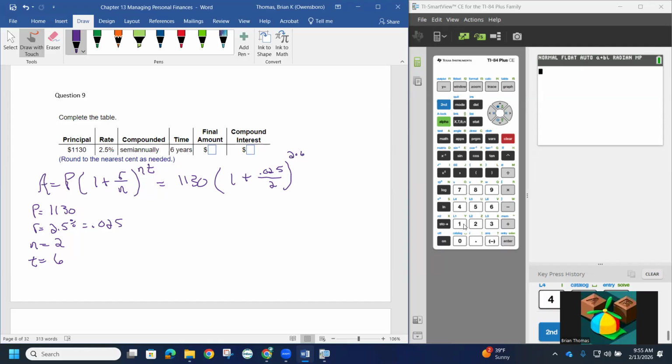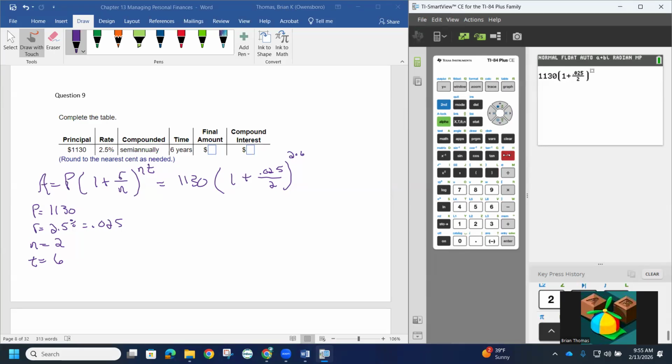So I'm going to put it in my calculator then. 1,130, and then in parentheses, I have this 1 plus. And then I like to use a fraction here, so that's that F1 up here. So alpha y equals N over D. So I'll put the 0.025 here, drop down, put the 2 here, slide out with my directional pad, close my parenthesis, and then I need an exponent, so this little key here has got to be put into play.